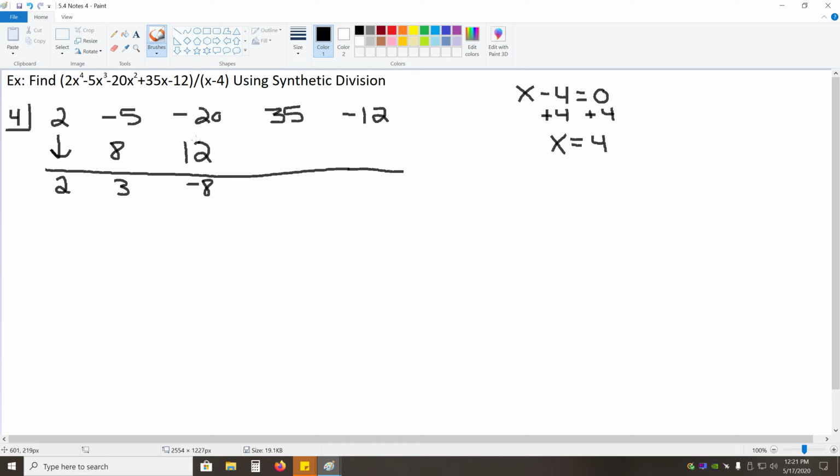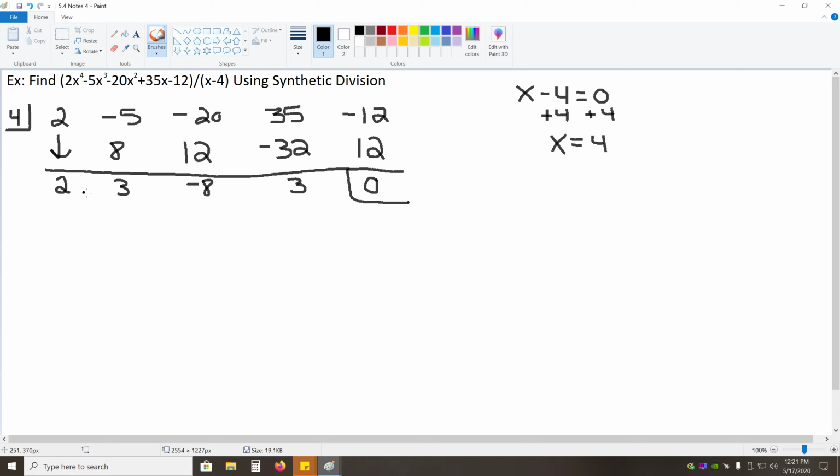Negative 8 times 4 gives us negative 32. Plus 35 gives us 3. 4 times 3 gives us 12. And negative 12 plus 12 gives us 0. Remember, the last number represents the remainder. Since we have a remainder of 0, it divided evenly.